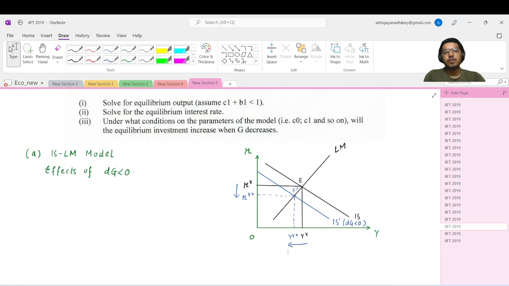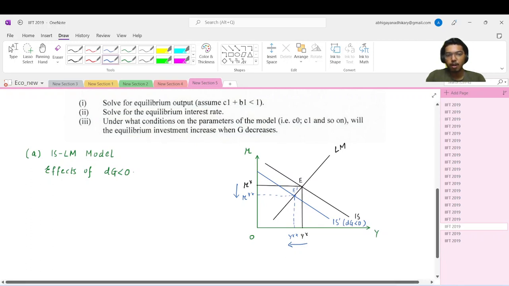Now let us have a look at the reasoning of why this is happening.